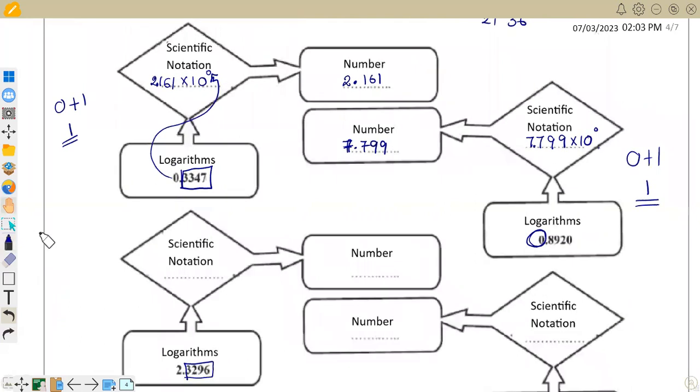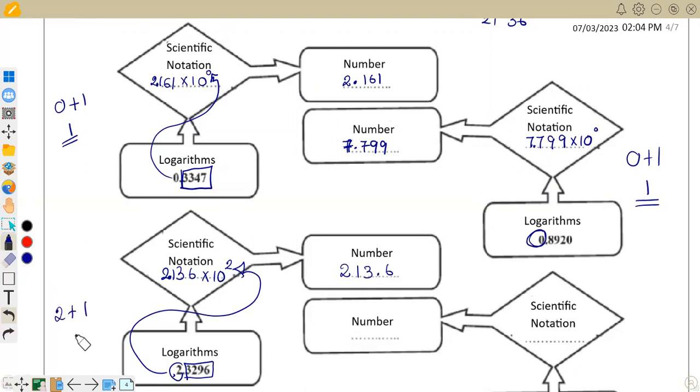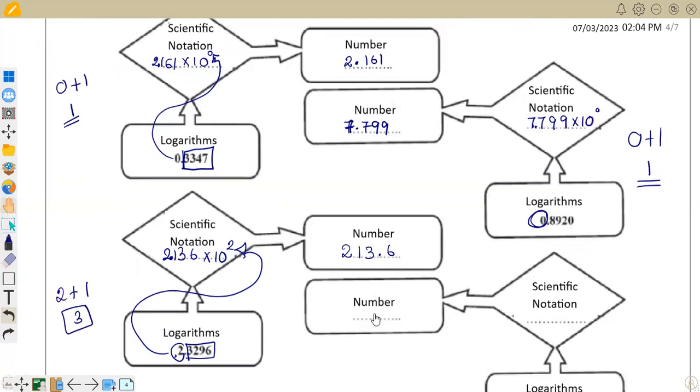It is multiplied by 10 to the power of 2. 2.136 is multiplied by 10 to the power of 2 because in scientific notation, the characteristic is 2. Then in the scientific notation the power should be 2. Then that means the number is 213.6. Or in other way, if you look at the characteristic, it should be 2 plus 1, then 3. That means in the whole number part, 3 digits should be separated.